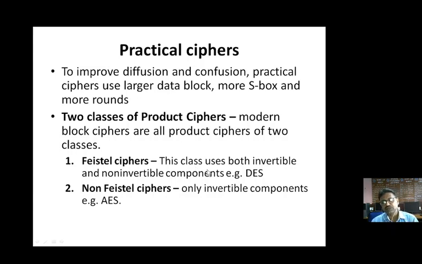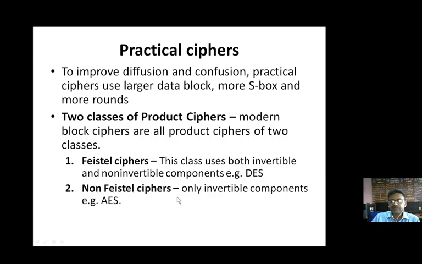Invertible elements are those where, if we get input through a certain process to the output, and it is invertible, then the output can be used to find the input in the reverse way. But a non-invertible process is one in which, whatever output you get, you cannot get the input with that same process.